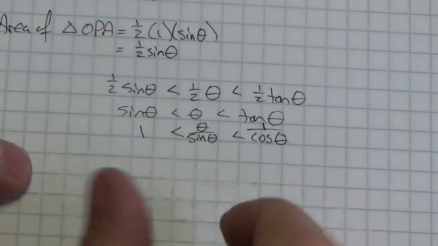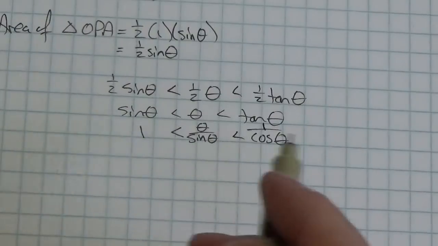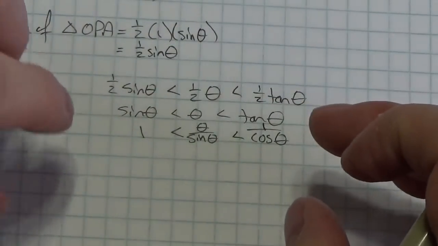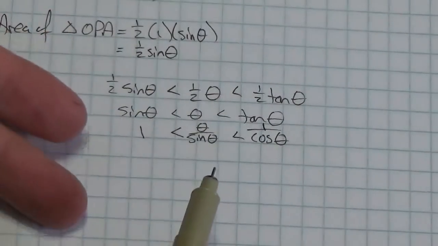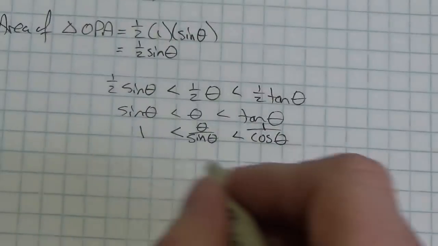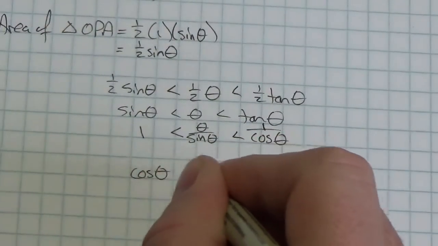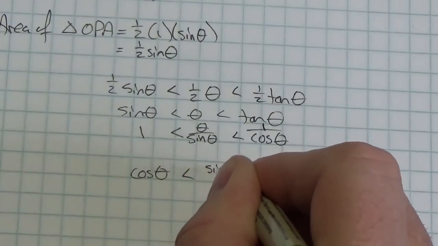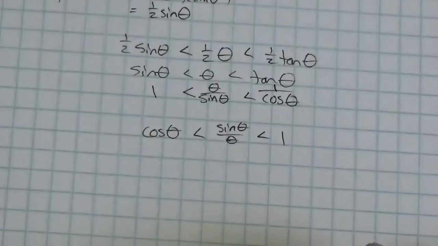Okay, that's fantastic, because now I see that expression that I'm interested in. Now what I'm going to do is reciprocate everything. But bear in mind, if you reciprocate a small number, you get a large number. If you reciprocate a large number, you get a small number. So basically the order switches, and when I reciprocate, it's going to look like this.